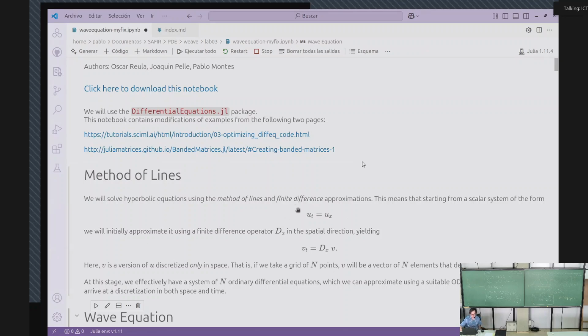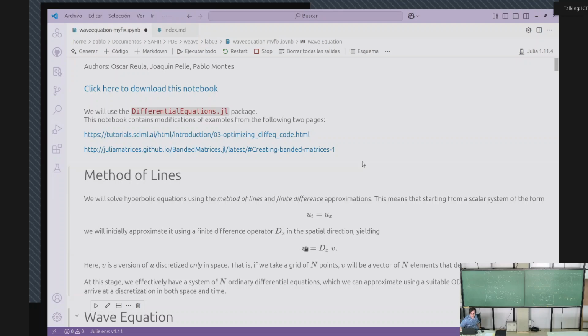So we have some equation, the advection equation in this case with propagation speed equal to 1, where the time derivative of u equals the spatial derivative of u, okay? And what we are going to do is approximate the derivative with some finite difference operator, right? So we have a spatial discretization of our solution, and in this case we changed u to v, and v will be the spatial discretization.